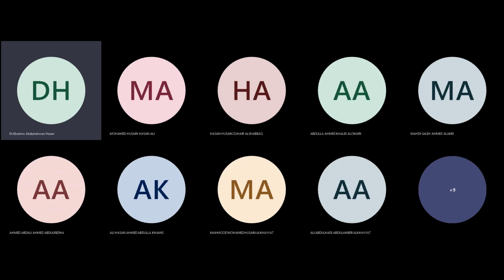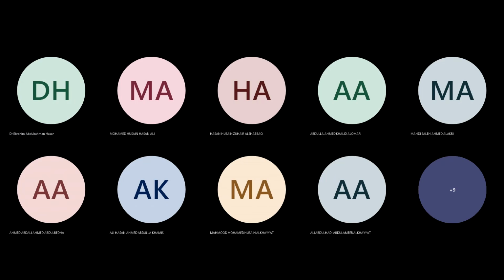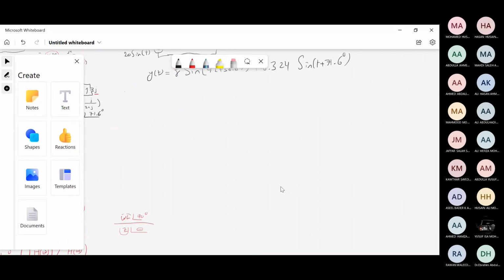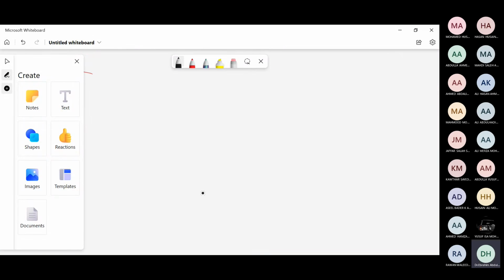نرجع back. So if we have a square wave, I can get it from sine. Okay.